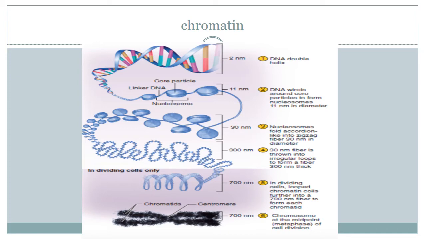So in dividing cells only you find the chromatid, which is about 700 nm. Each chromatid is a 700 nm fiber, and when the chromatids duplicate themselves, they form chromosomes which are held together at the centromere.